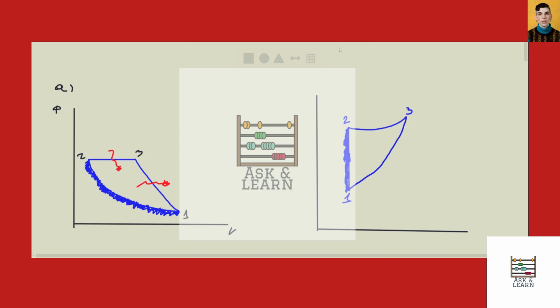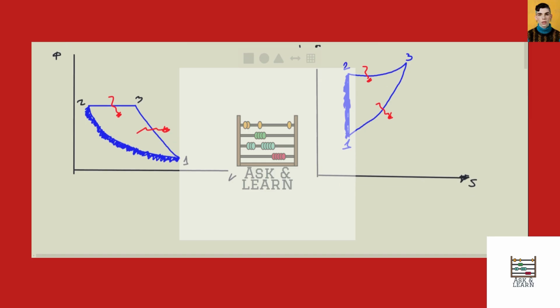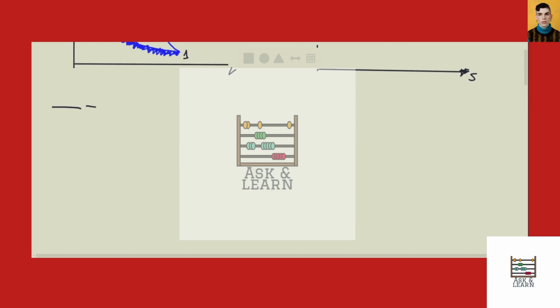And again, the heat enters the system here and leaves the system here. Okay, so this is the TS diagram, and the left one is the PV diagram. This is item A. Now let's continue with item B.